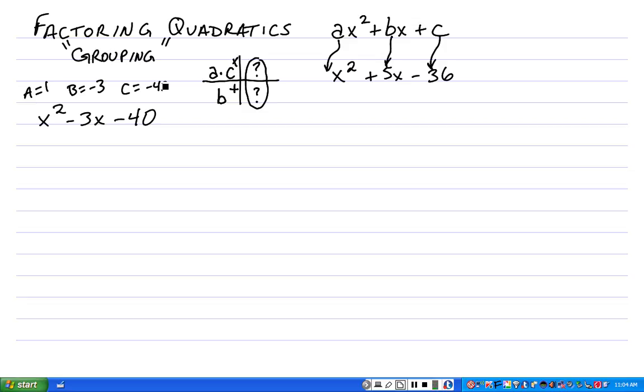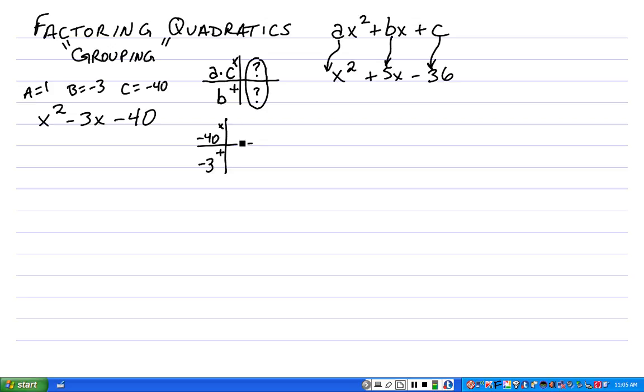Now when we go to make our table, we want a times c right here, so that's like saying 1 times the negative 40, so we write negative 40 right here because 1 times negative 40 is negative 40, and again we're looking to do multiplication there. In this box we want to add, and we write whatever b is. Well, b is negative 3, so we write negative 3 down right here.